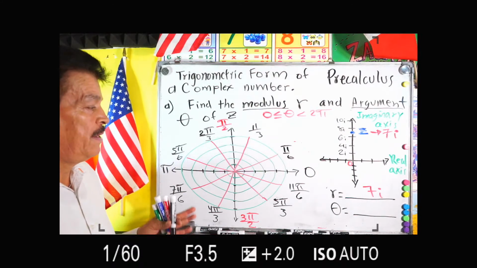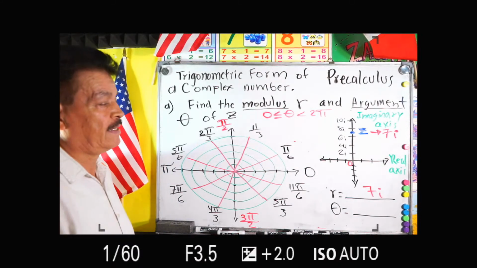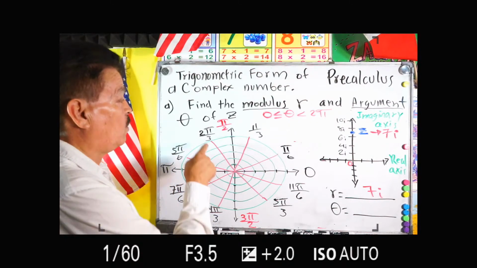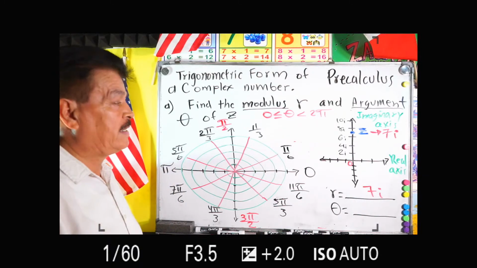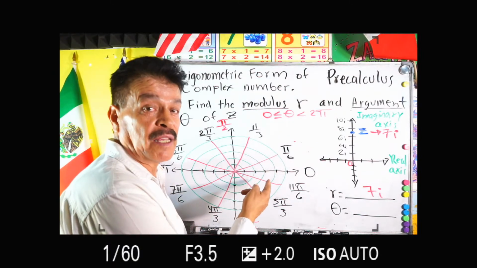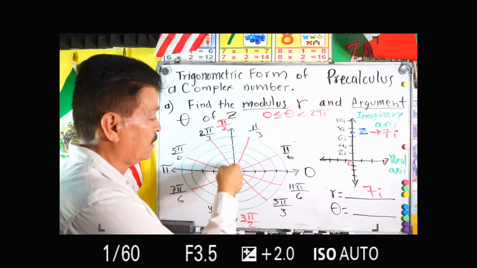Now look at the graph. The terminal side of this angle is along the positive imaginary axis. Positive imaginary axis right here.